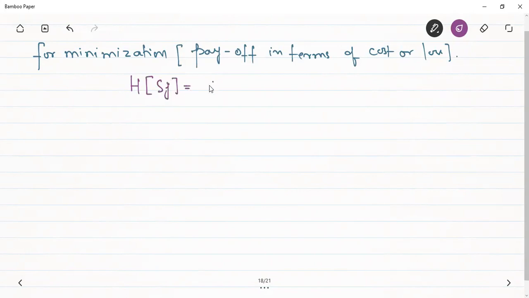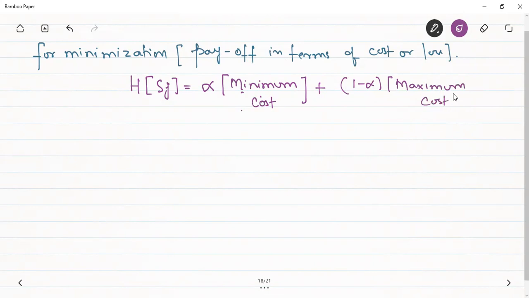It will be equal to alpha times the minimum cost plus 1 minus alpha times the maximum cost of that strategy. Okay. So this gives us the H(Sj).